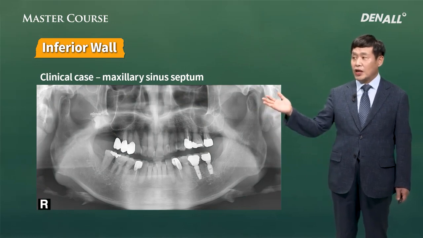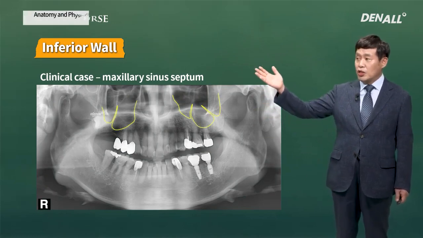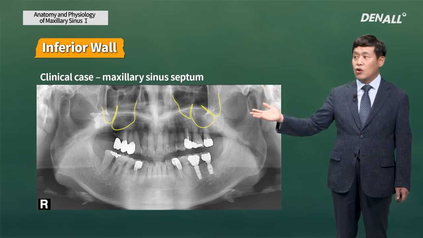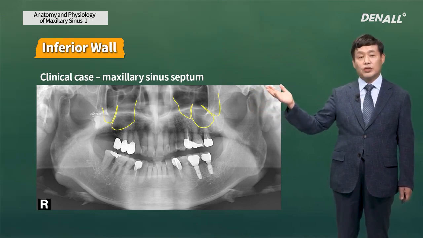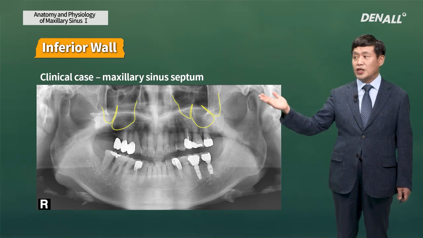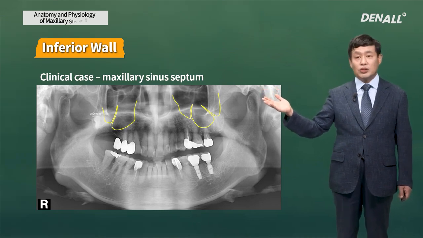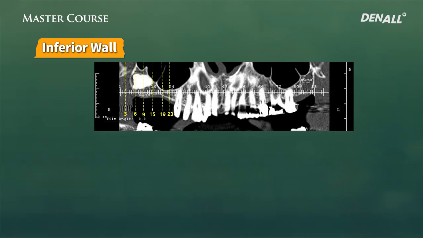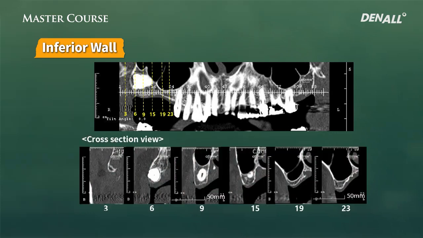Here in the panorama view, the zygoma buttress exists bilaterally, and there is a rather high septum in this patient. In this case, if you take CT images, depending on the coronal section and the septum position, the images may look different, and you need to look at various images of the septum to understand the anatomical structure accurately.